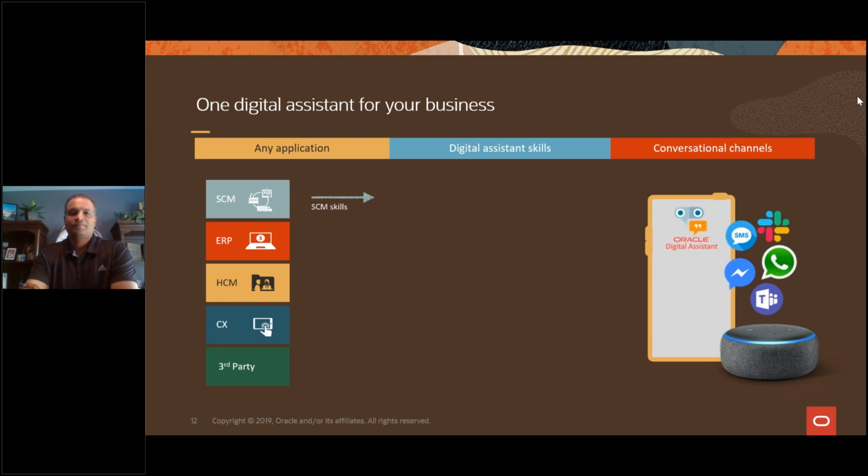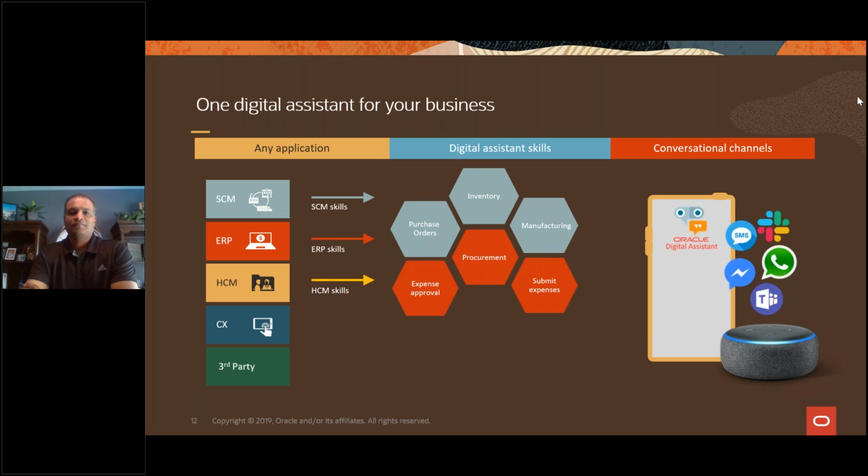All right, and the way Digital Assistant works is that it is composed of multiple skills. So what exactly is a skill? A skill is basically what we used to call a chatbot. It's a limited, focused group of functionality, very modular, that exposes a specific aspect of a backend application's data.